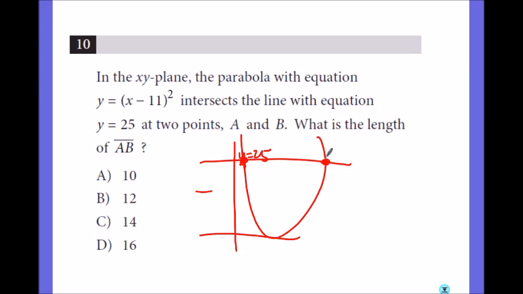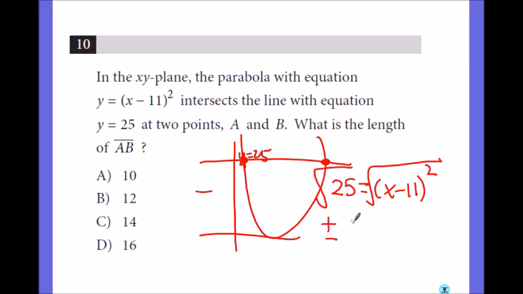So here, if you want to find x when y is 25, you can set the equation equal to 25 equals (x minus 11) squared. So square root to get rid of the square. So you get plus or minus 5 equal to x minus 11.